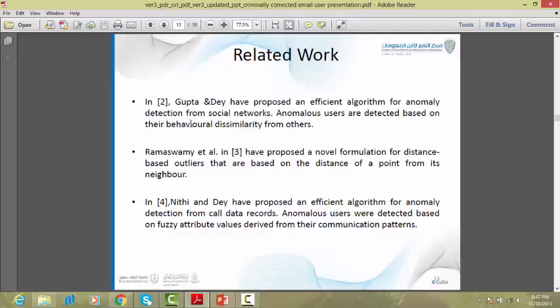Ramaswamy has proposed novel formulations for a distance-based outlier that are based on the distance of a point from its neighbor. Nithi and Dey have proposed an efficient algorithm for anomaly detection from call data records.